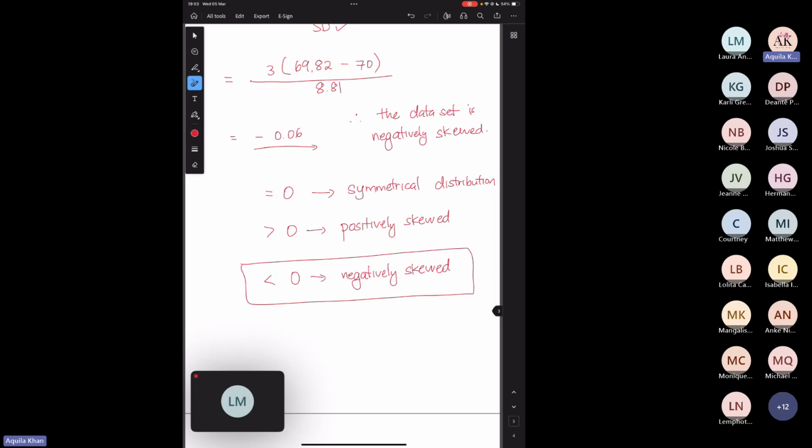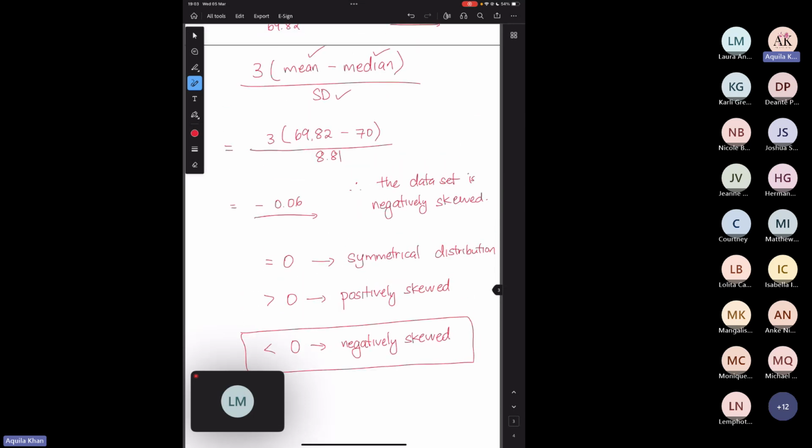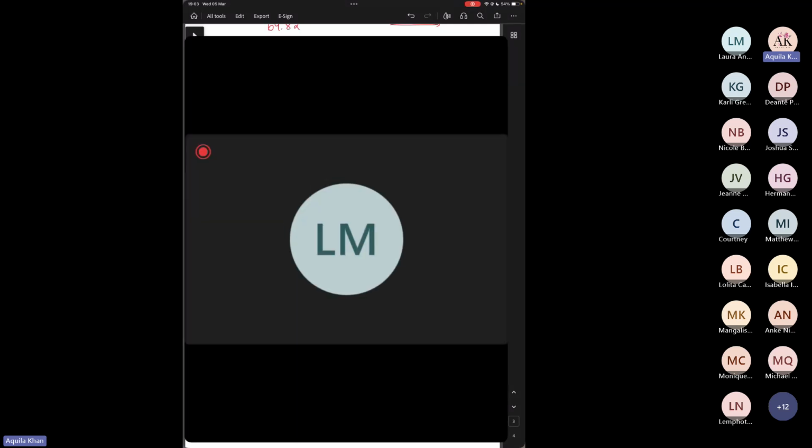All right, so that's it. That's all of the calculations that we have on this worksheet, all of the calculations for your ungrouped data. Are there any questions from your end? Are you comfortable with this? Lolita, I see that you had said that you wanted me to repeat how the 0.8 is calculated.